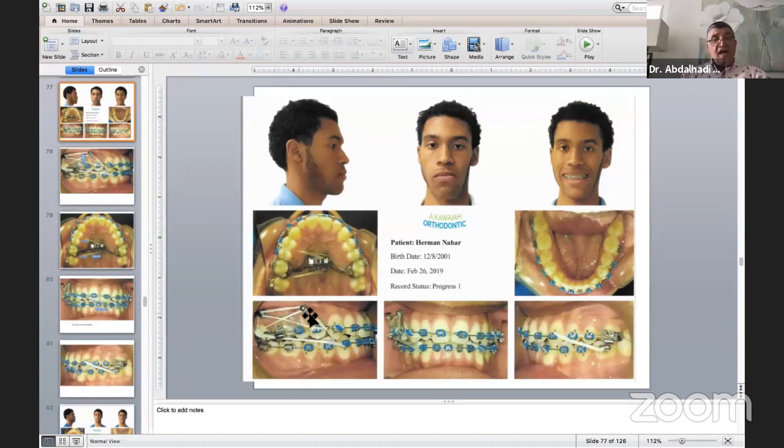So you see, I add two TADs on the right side and I add elastics. So there is elastic to help to shift the lower jaw. From the left side, my elastic is class 2, and on the right side, my elastic is class 3.